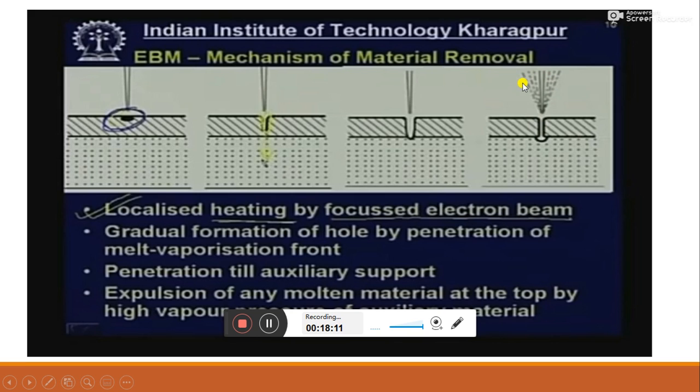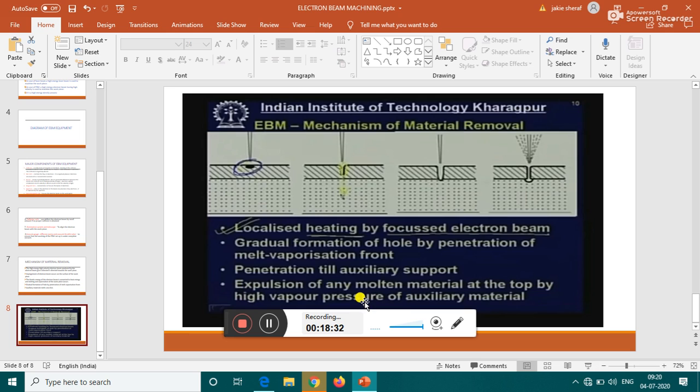These two dotted regions show the vapors of the auxiliary material. So the auxiliary material will push the molten material out, and it will create the desired hole. So expulsion of any molten material at the top by the high vapor pressure of the auxiliary material.